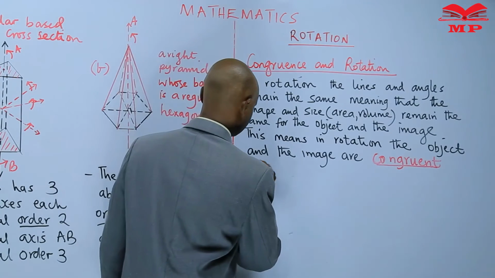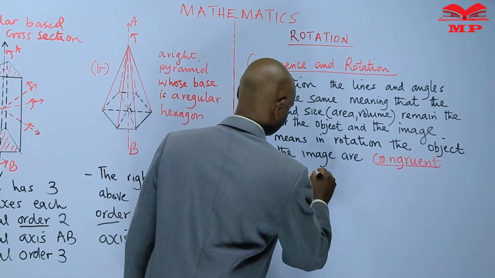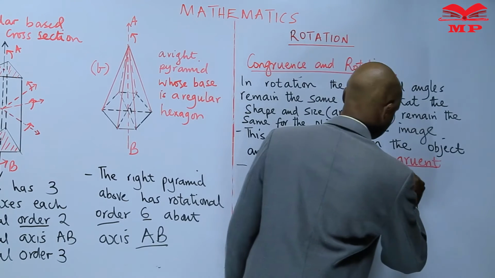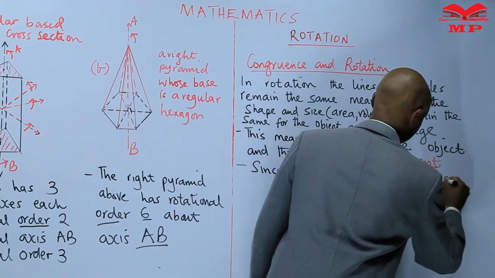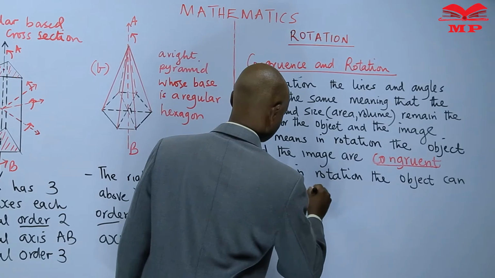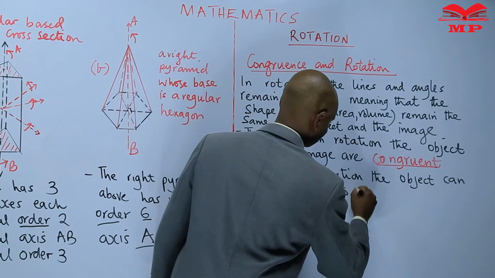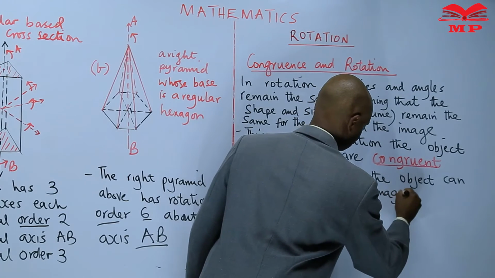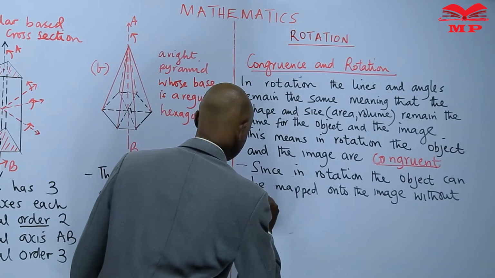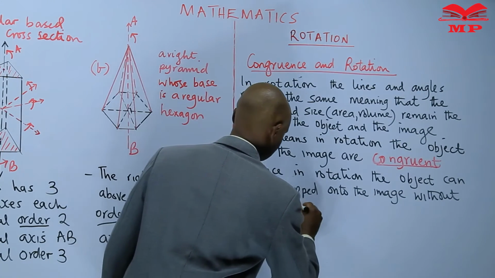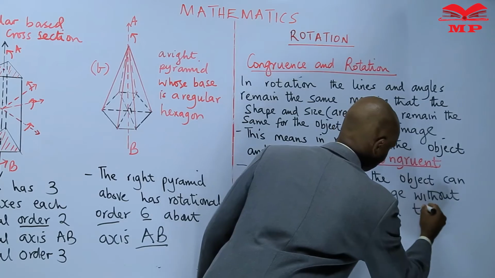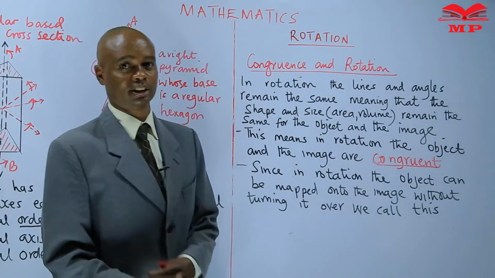So since in rotation, the object can be mapped onto the image without turning it over, we call these, as earlier learned, direct congruence.